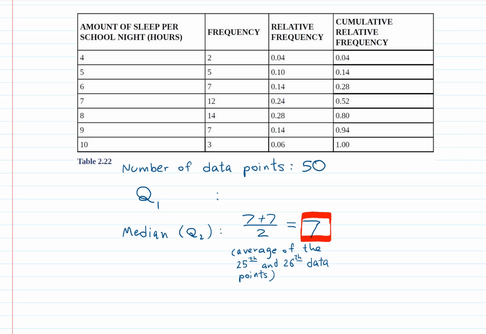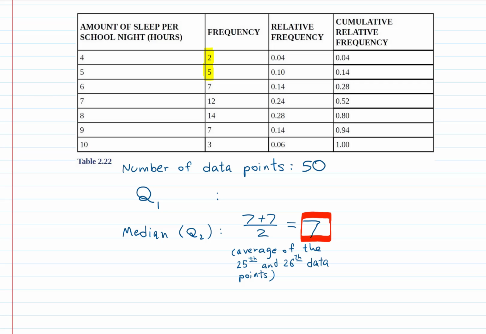That's the median of the data points before the median, right? Remember, the median is halfway, in this case, halfway between the 25th and 26th data point. So the first quartile is the median of the first 25. 25 is an odd number, so which one will be right in the center? It will be the 13th one. So what is the 13th data point? There's 2 4s and then 5 5s.